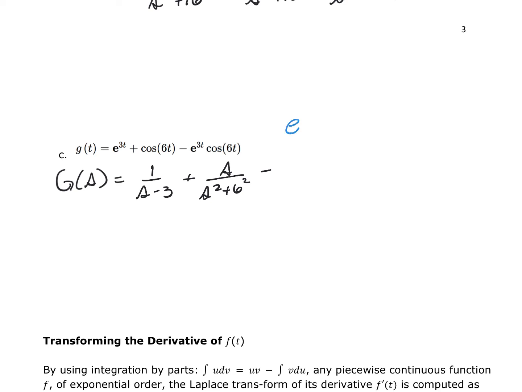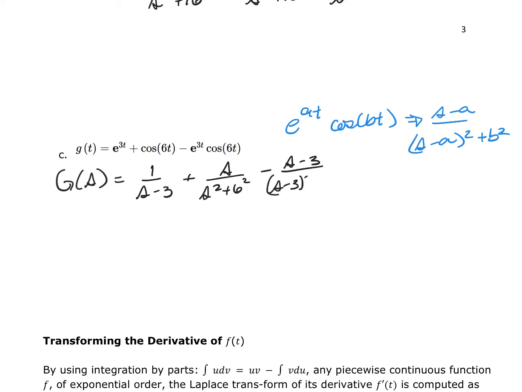Generically, if I have e raised to the at times the cosine of bt, the Laplace transform would be s minus a over the quantity s minus a squared, plus b squared. So using that, my last term is going to be s minus 3, because my a is 3, over the quantity s minus 3 squared, plus 6 squared. I can clean this up just a little bit.